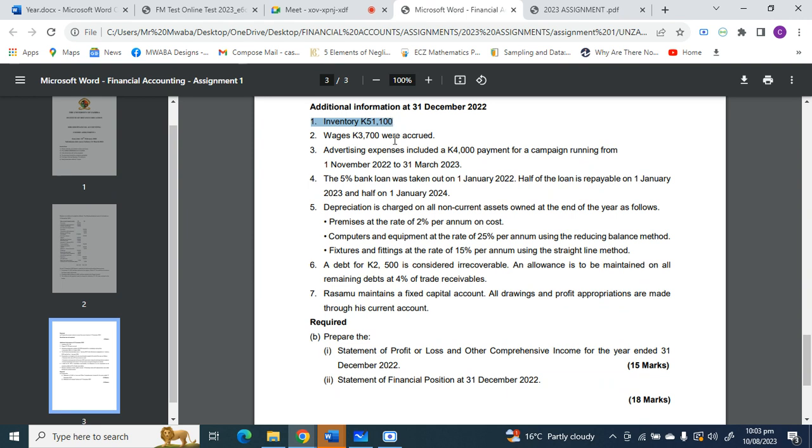Next, wages 3,700 were accrued. Colleagues, what's an accrual?